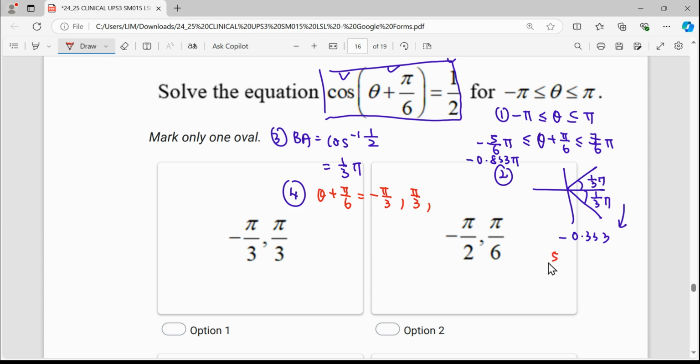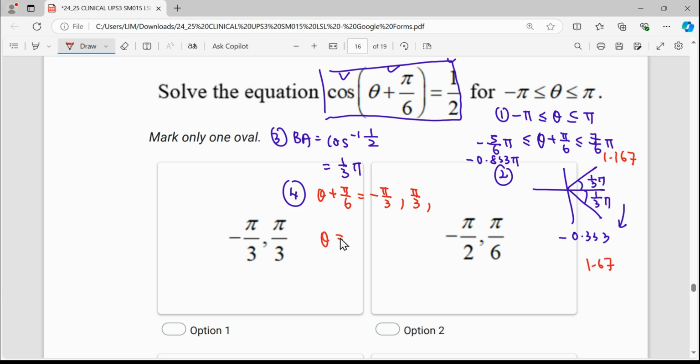So consider 5 over 3 pi in decimal is 1.67, and the maximum range 7 over 6 is 1.167. So this quadrant 4 rotation is out of the range because you can see our angle is more than our maximum value. So we have two answers here.